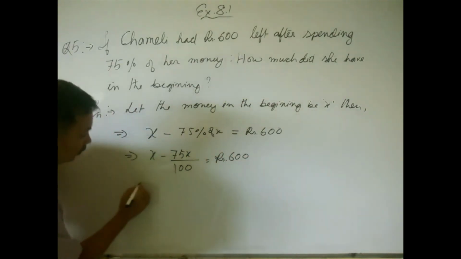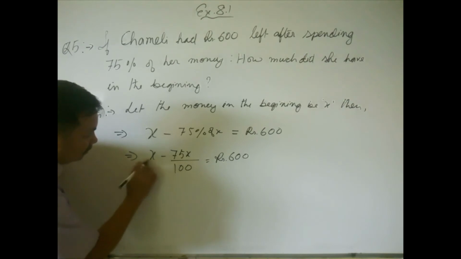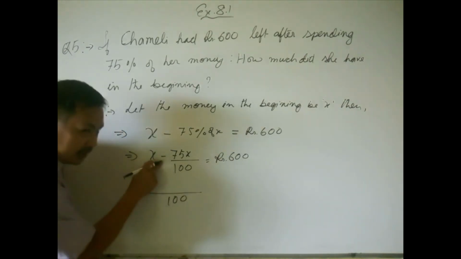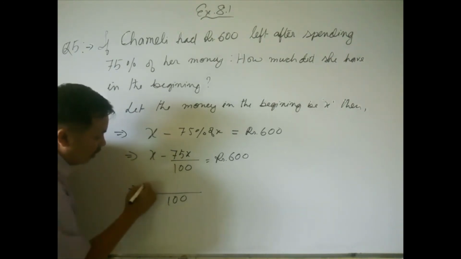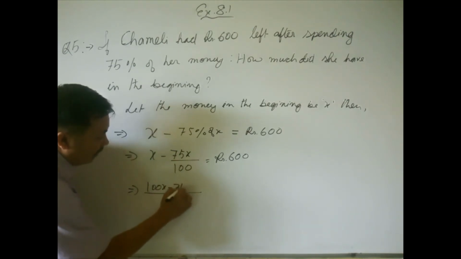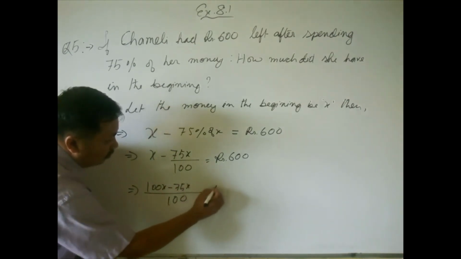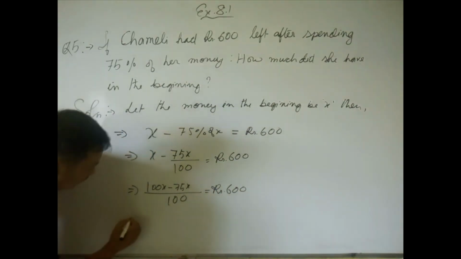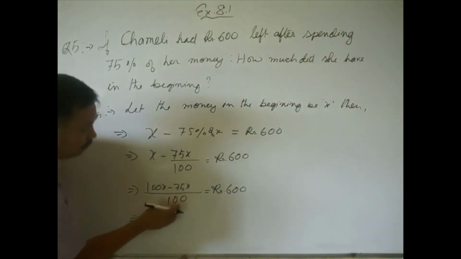That means in the next step we take the LCM, which will be 100 here, isn't it? Then here how much we have? X, we don't have any number, multiply this, we get here 100x minus 75x, isn't it? Then equal to rupees 600.